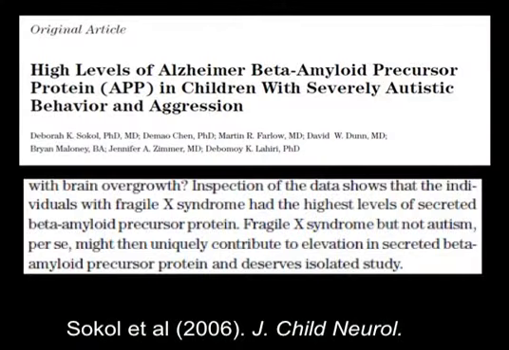But it so happened that they had 2 people with Fragile X in their sample of autism. And they said here that inspection of the data shows that the individuals with Fragile X had the highest levels of secreted beta amyloid precursor protein, and they made this kind of conclusion that it could be the Fragile X, but not the overall group, that might contribute to this elevated APP.